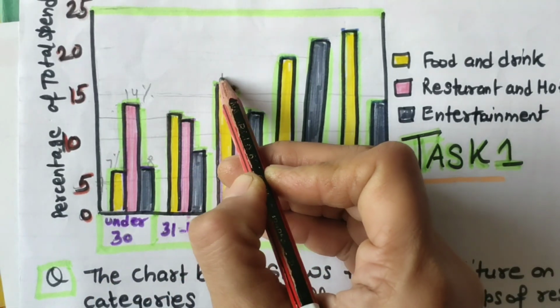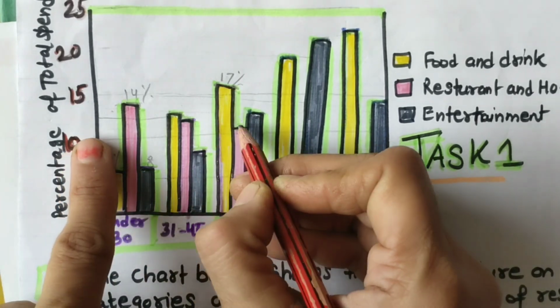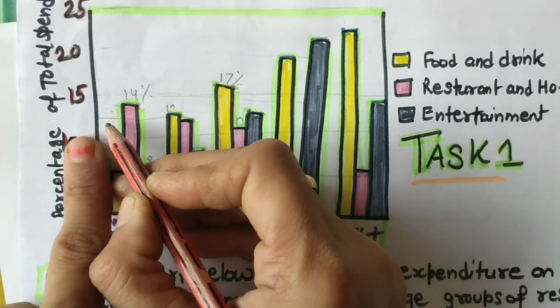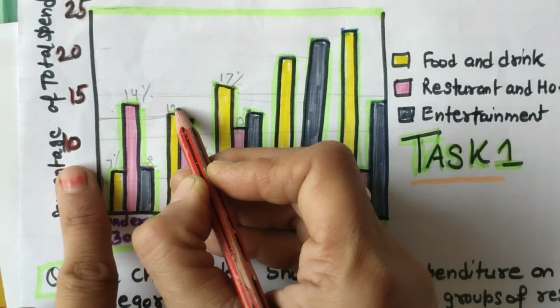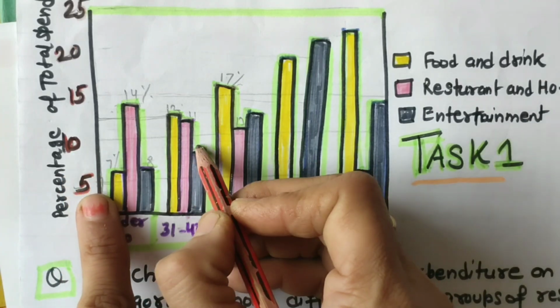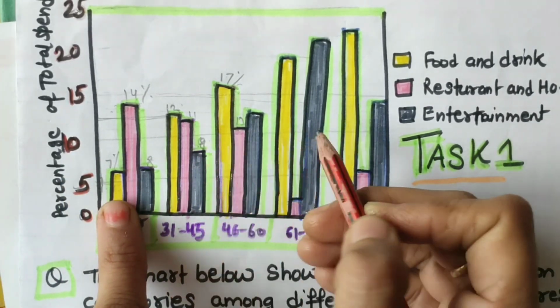So it is around 17%. We know everything is a percentage, so it is 13%. You can mark it 13 or 13%. This is around 11, and this you can mark as 8 or 9. Yeah, I think you can mark it 9.